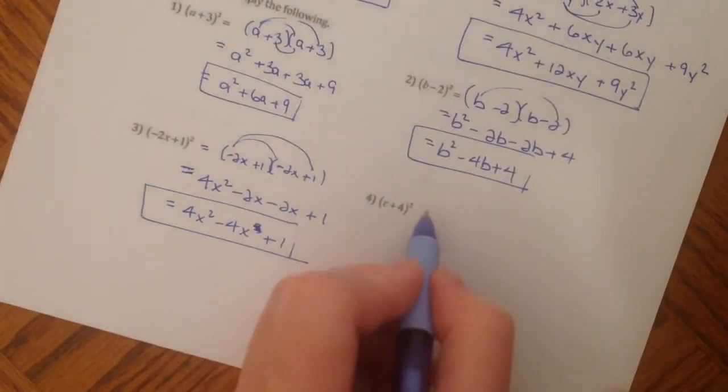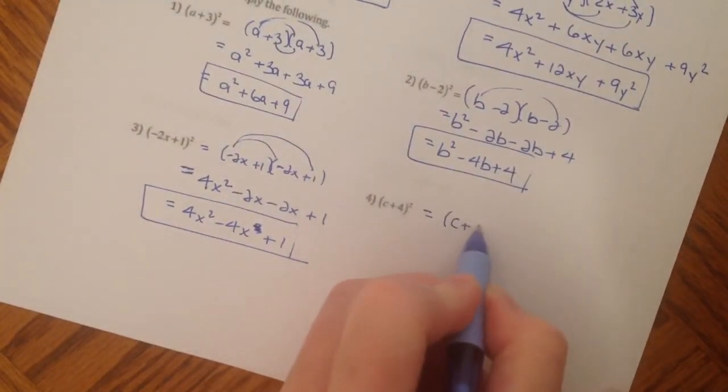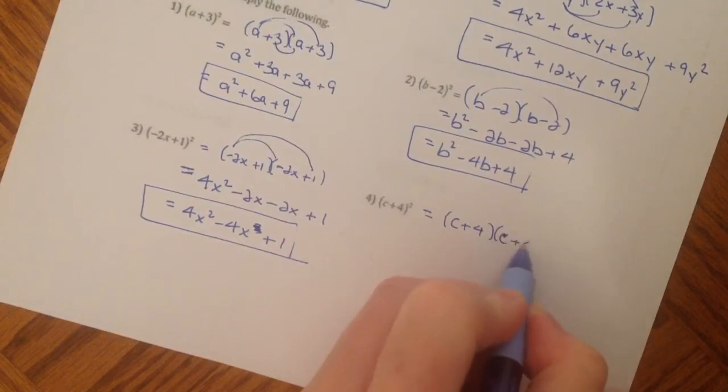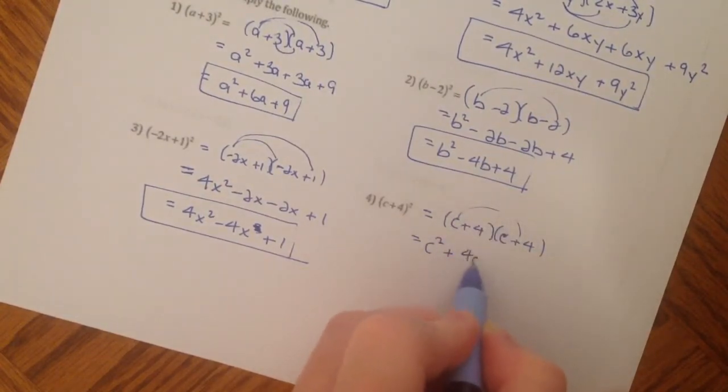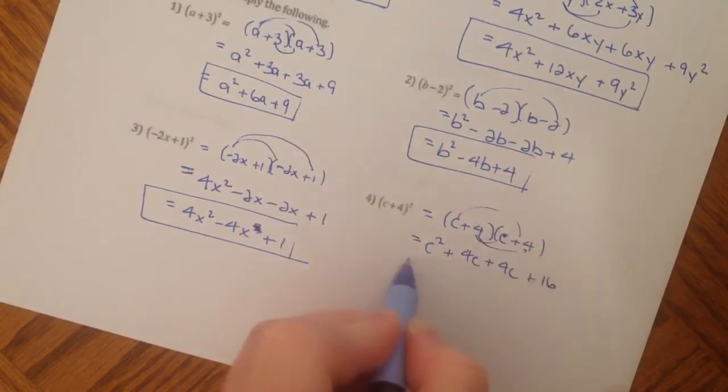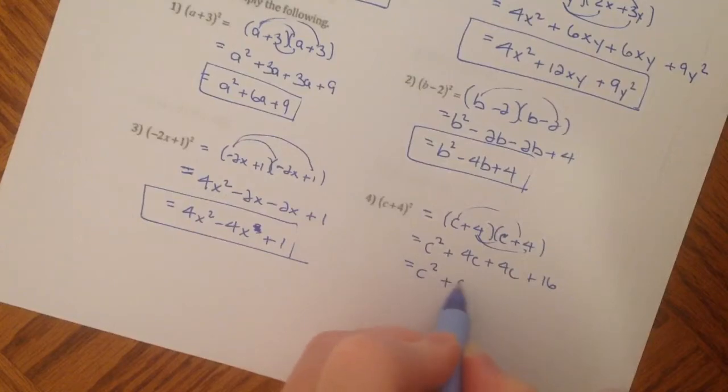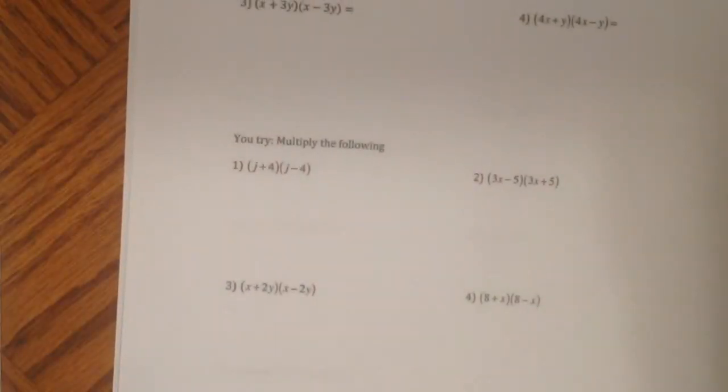And then the last one, we'll write twice. C squared. Outer is plus 4c. Inner is plus 4c. Last is plus 16. There we go. All right.